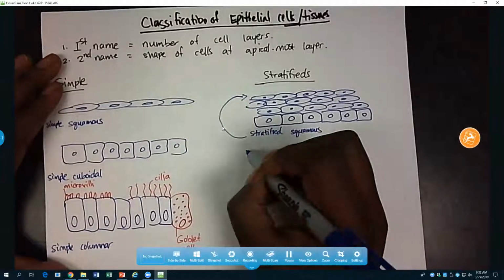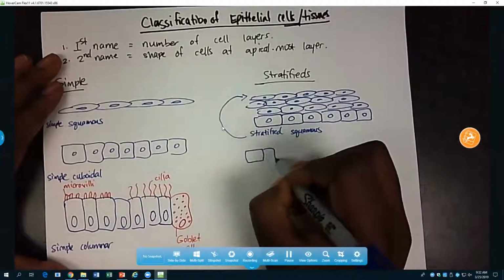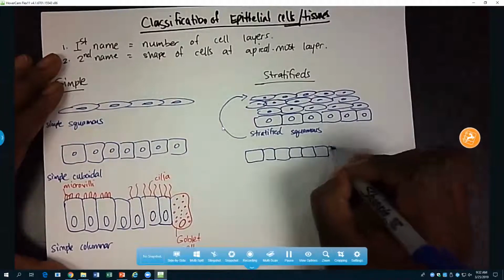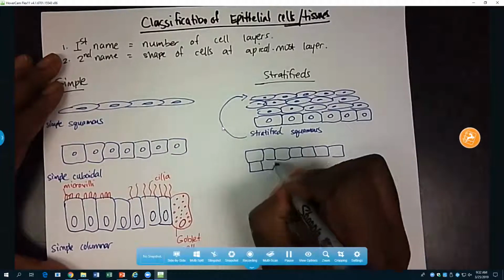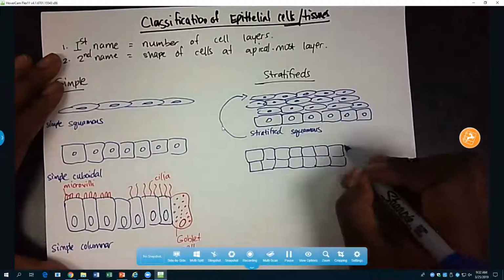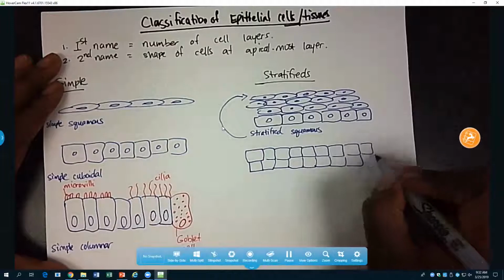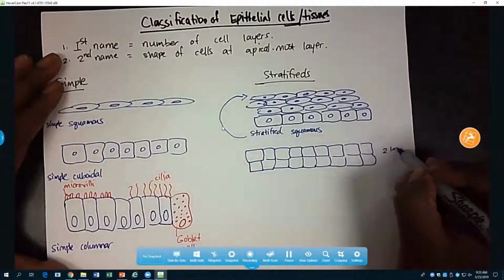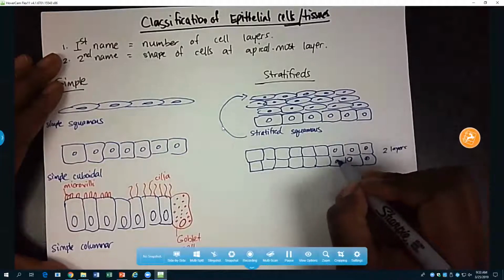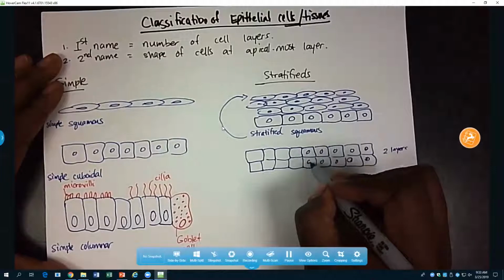Next, we have stratified cuboidal tissue, which again is more than one cell layer of cuboidal cells. There are typically only 2 layers associated with stratified cuboidal, so not more than 2. And you have this large, centrally placed, very rounded nucleus.